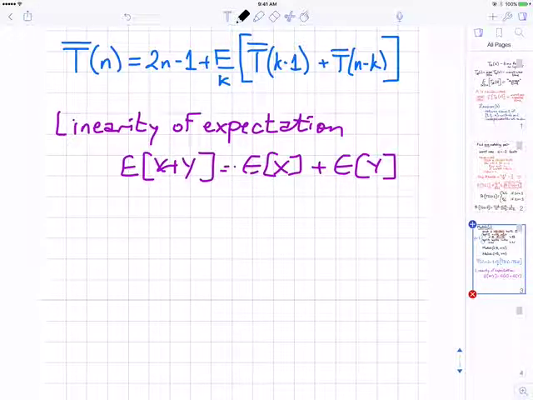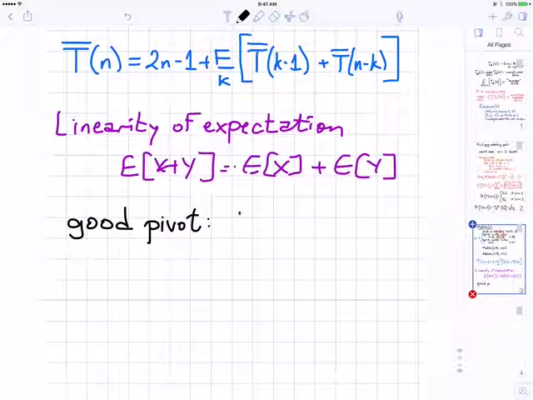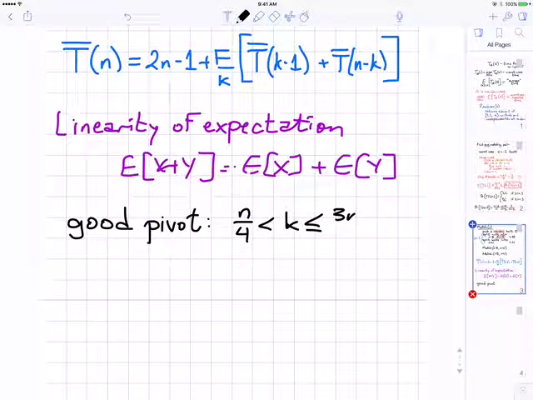All right, so let's define a good pivot, which I can't spell, as one where I'm in the middle half. A good pivot is one where, when I run the algorithm, the small subset that I recurse on has at least 1/4 of the remaining nuts and bolts, but no more than 3/4. And the large set has at least 1/4, but no more than 3/4.